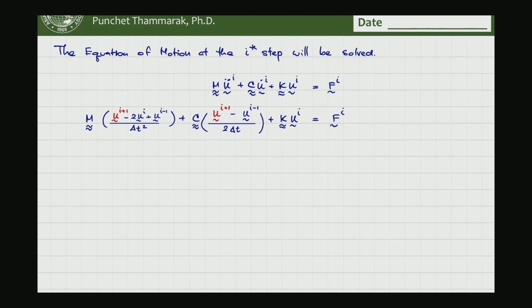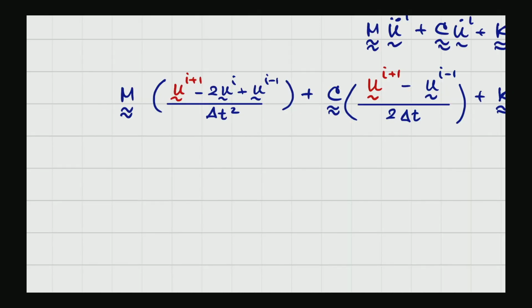So let's rearrange these terms a little bit. The point is that in order to achieve the so-called beautiful life, your mass matrix has to be the lumped mass matrix.